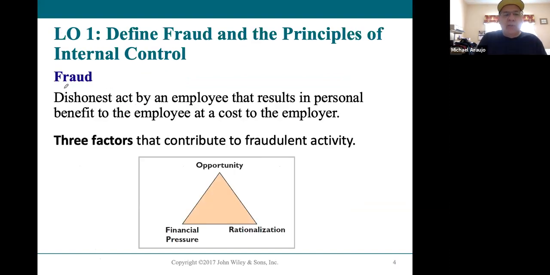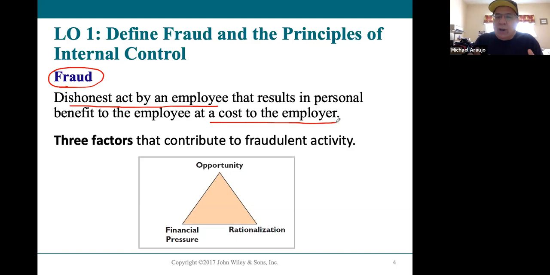Okay, so first of all, let me just preface this by saying this definition of fraud is somewhat narrow, right? Because we're looking at fraud as a dishonest act by an employee that results in a loss to the employer.